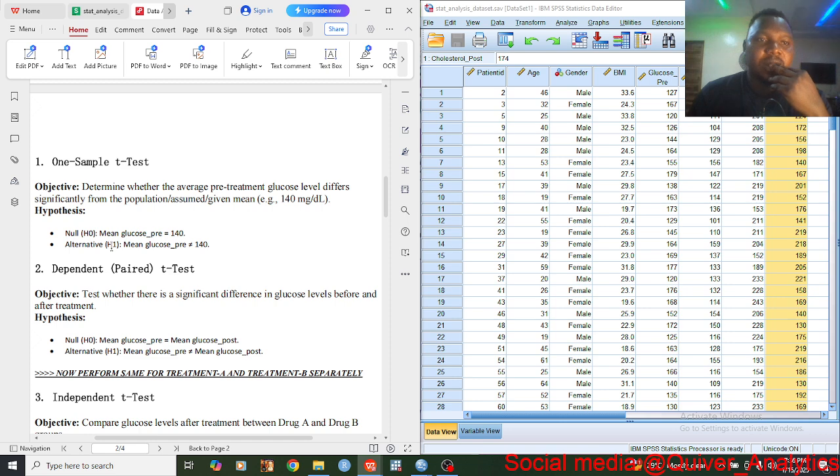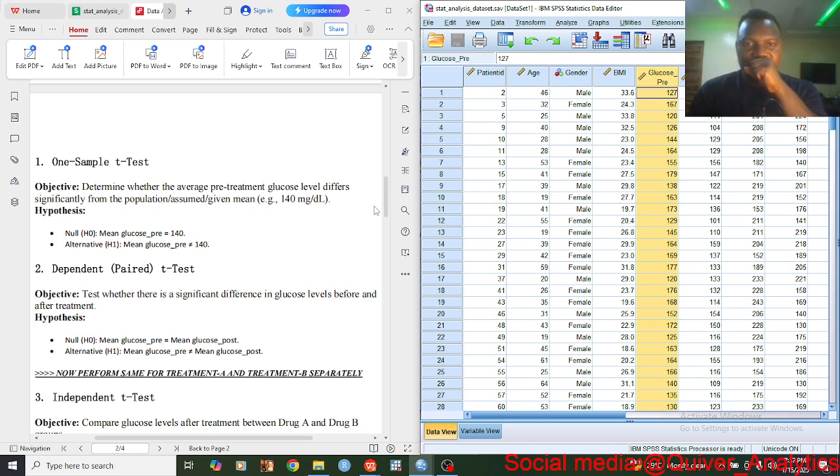All right, now what does this mean? We have a pre-treatment glucose measurement that has been taken. Now, there is probably a standard for us to go through these experiments, all these measurements, and there is probably something of concern.